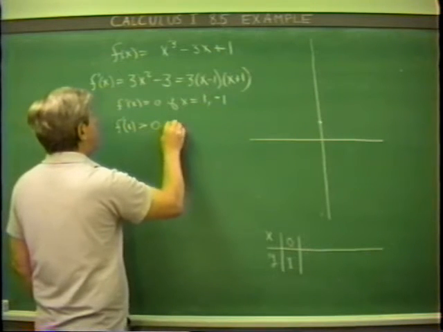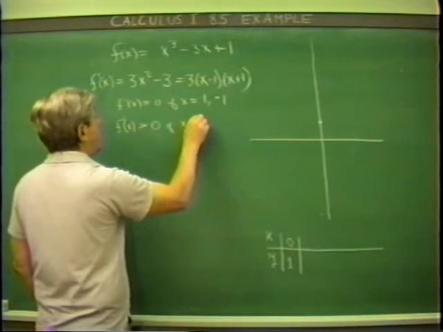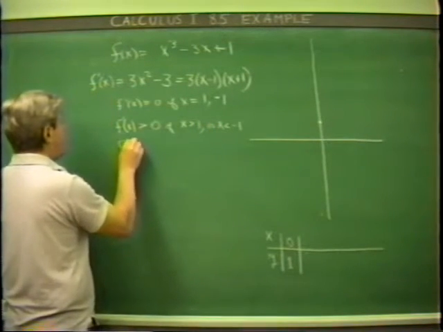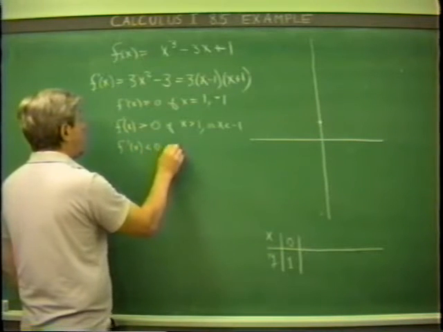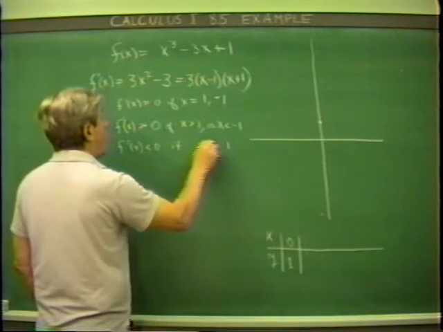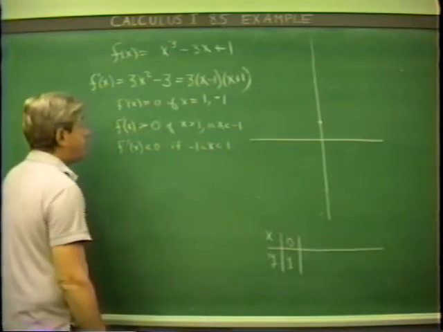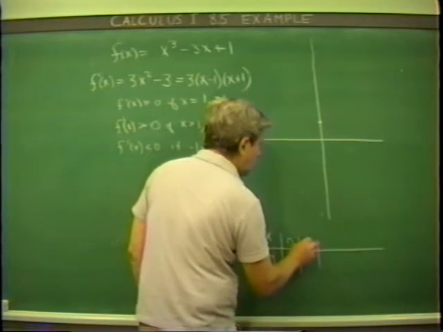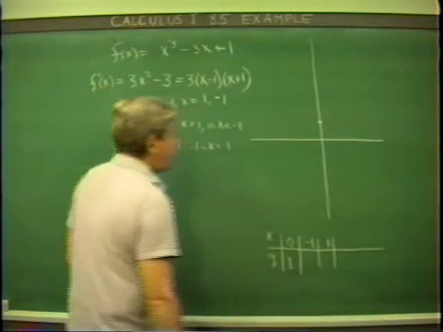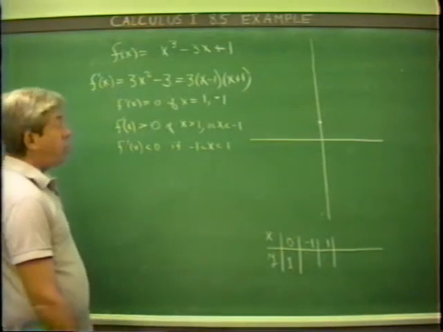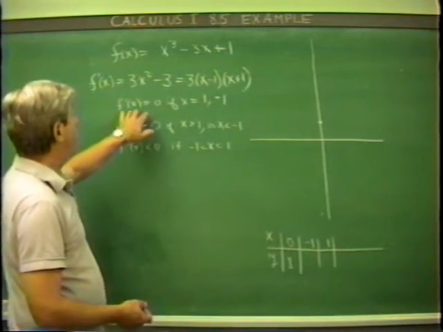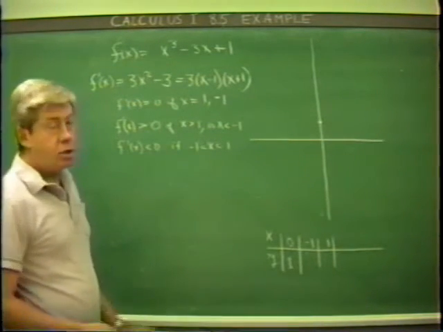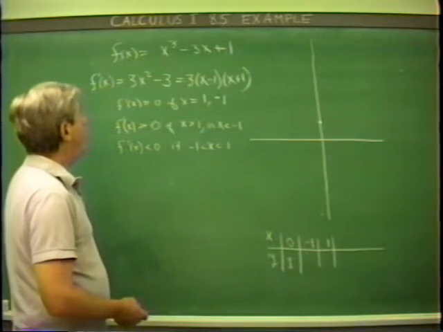Its graph is a parabola opening up, and so it's going to be greater than 0 if x is larger than 1 or x is less than minus 1, and f prime of x will be less than 0 if x is between 1 and minus 1. So 1 and minus 1 are two reasonable points to plot here. This was a relatively simple function, but in general, wherever the derivative is equal to 0, even if those points are not particularly neat, it's worthwhile plotting them.